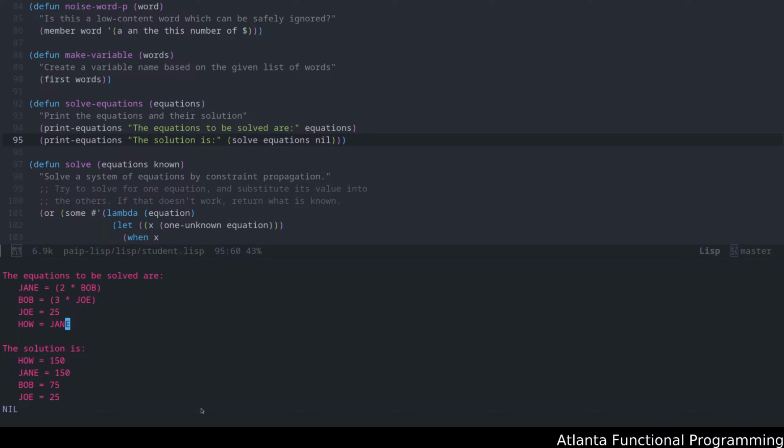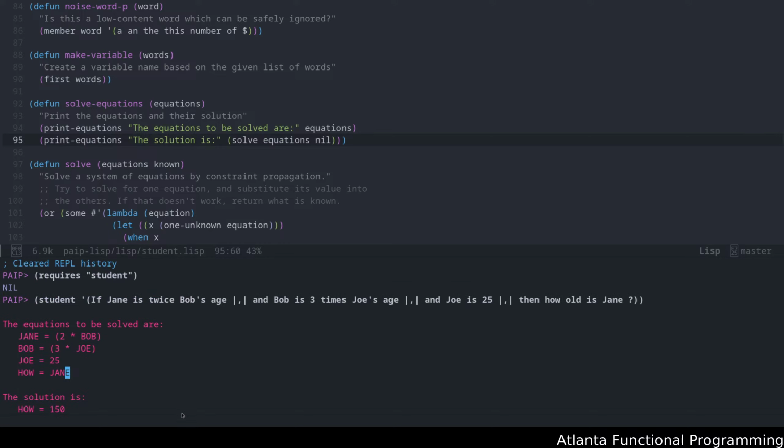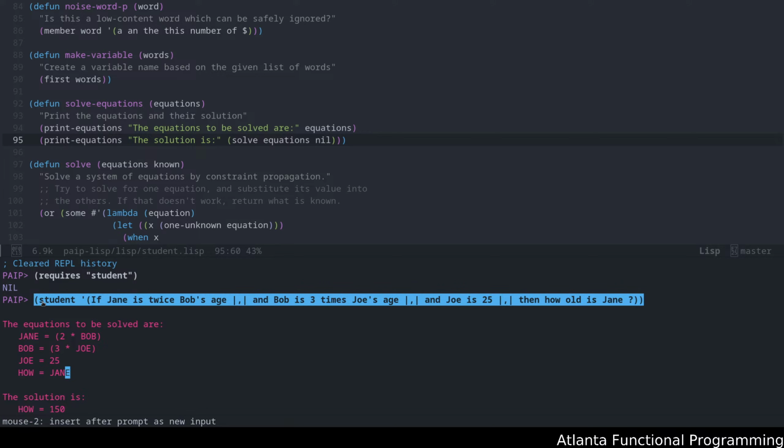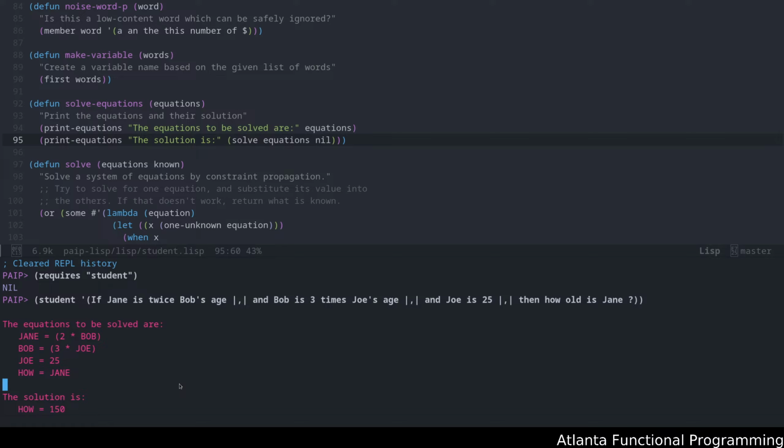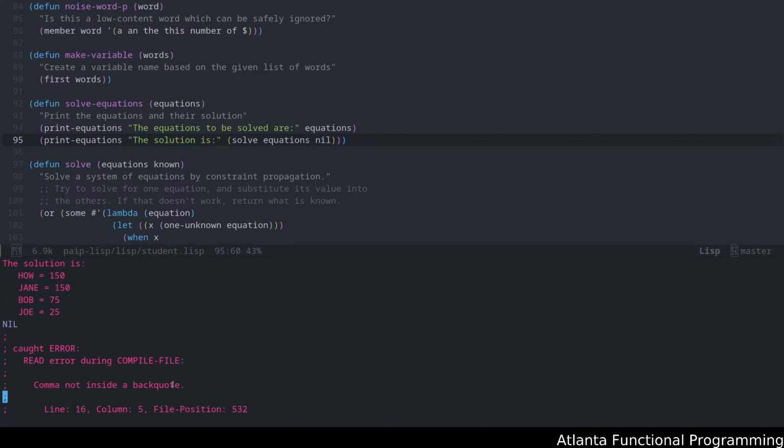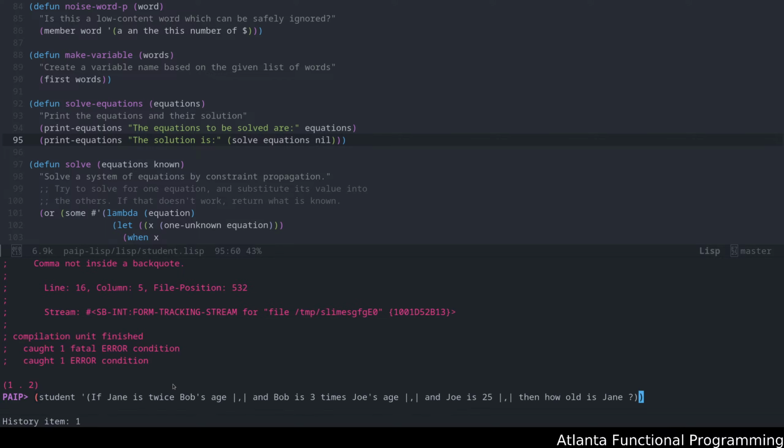I gave you an example of when everything is known, but let's change this same word problem ever so slightly to show how constraint propagation fails when there are more unknowns than knowns. All you have to do is change this to, say, thrice, which everyone knows is three times. It's the same thing as saying three times the age of.